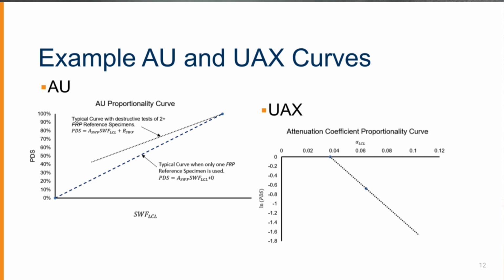The charts I'm showing right now are examples of the charts we use to determine polymer damage status. Remember this from the first video, the PDS, to determine PDS from the results of acousto-ultrasonic, which is AU, and attenuation-based ultrasound, which is UAX.